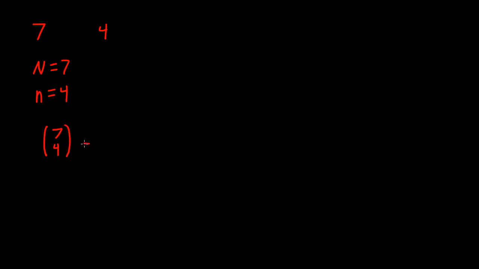We know that formula is equal to 7 factorial divided by 4 factorial times 7 minus 4 factorial. If we break that out a little more, we have 7 factorial over 4 factorial times 7 minus 4, which is 3 factorial.